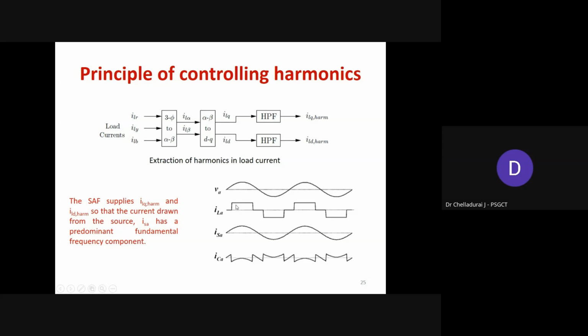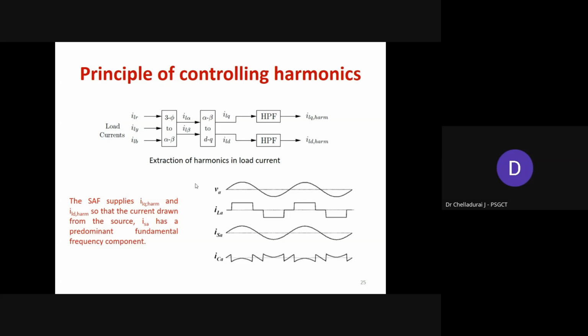So if that particular extracted harmonic compensating current is used as a modulating signal to control any VSI topology, then we can easily convert the quasi-square wave into a pure sine wave.